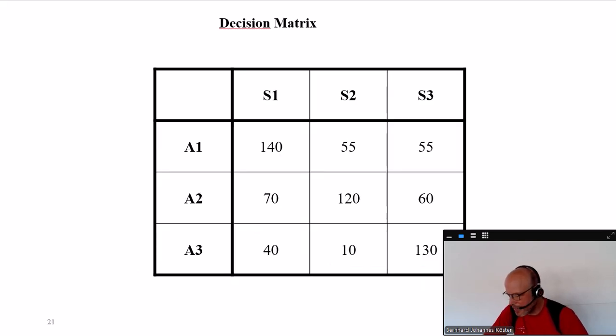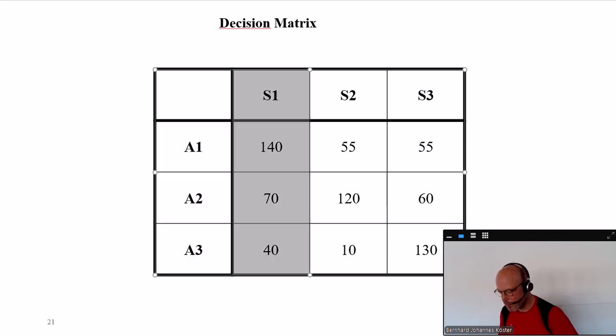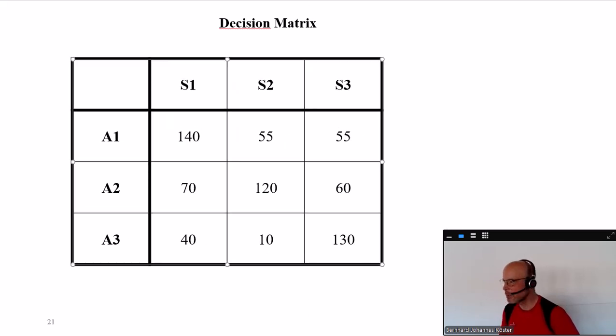And let's say in the end, this would be the outcome matrix, and the numbers inside here are the development of the revenue of your company from the expansion to the Baltikum.